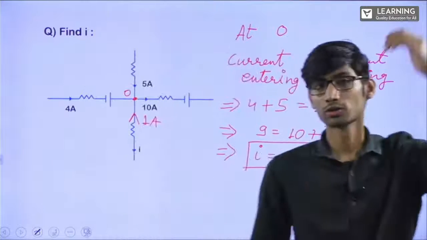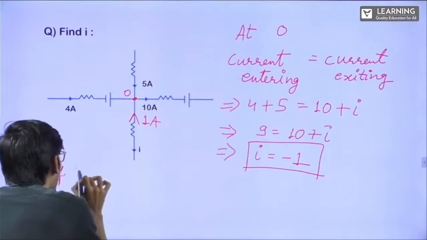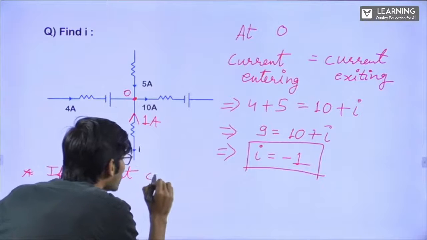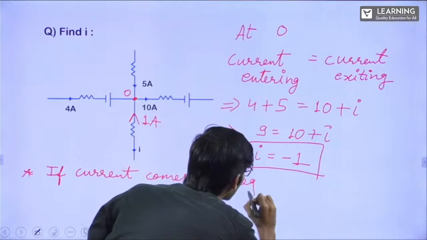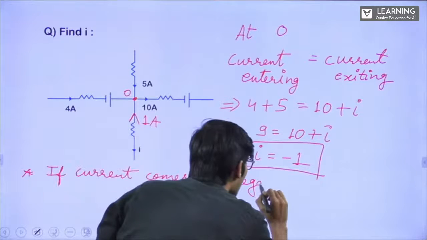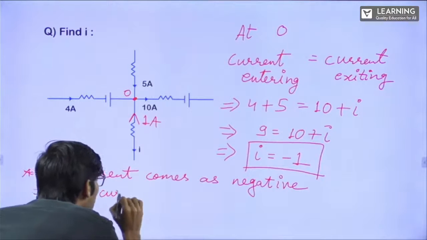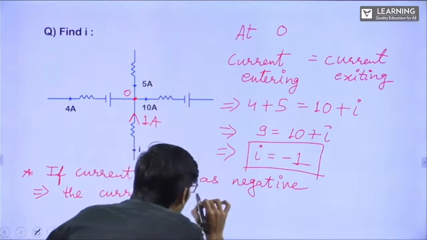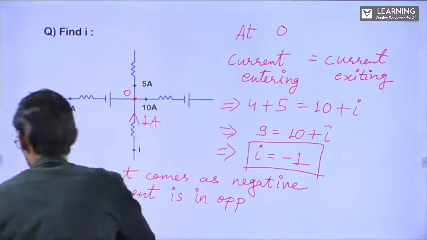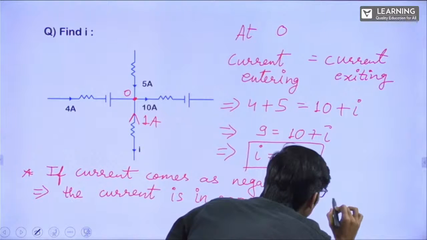Note it down. If you want, you can note this point also. If current comes as negative, that means the current is in the opposite direction of the direction assumed.